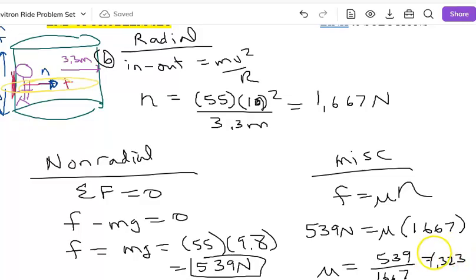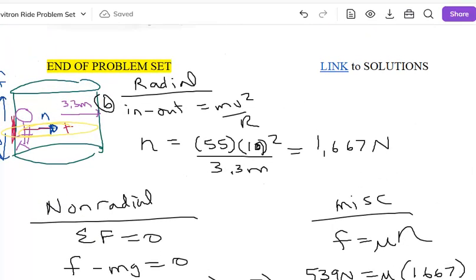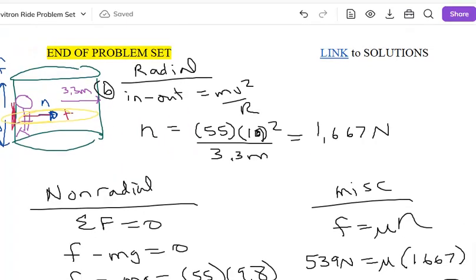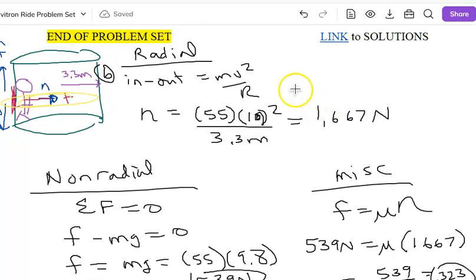And mu does not have units. All right. That is the end of the Gravitron ride problem set. Again, the force diagram is always going to be the same, but you will need your radial, your non-radial, and your miscellaneous column.